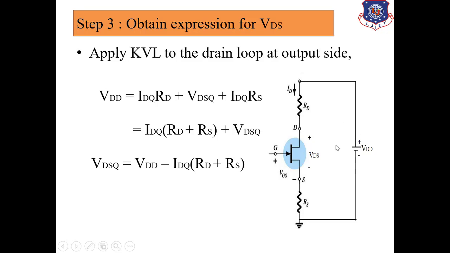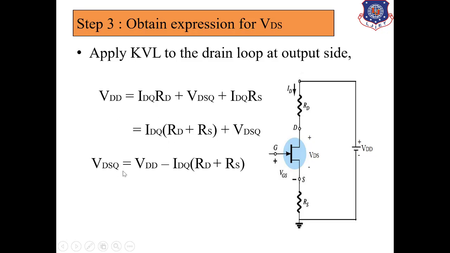See, this is the output circuit, VDD. Drain current is flowing in this anticlockwise direction. You can also write down KVL like VDD minus IDRD minus VDS minus IDRS equal to 0. Then simplify that equation and make VDS the subject.